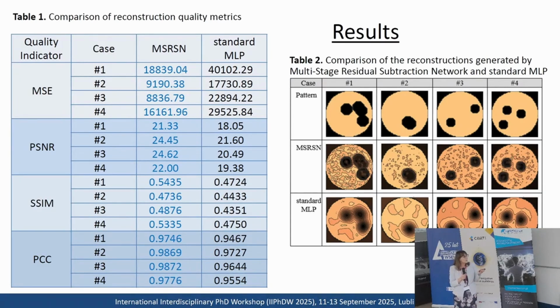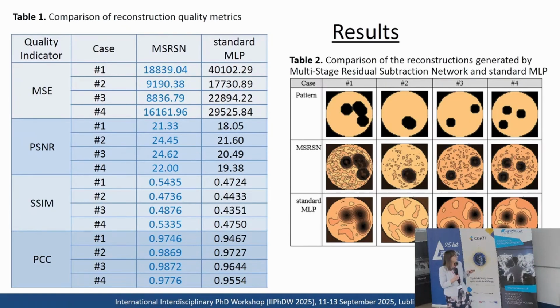Here we see more detail, sharper, and more exactly the objects we see. Here it is more blurry. Using only our eyes, we see that with the differential architecture we got better results.